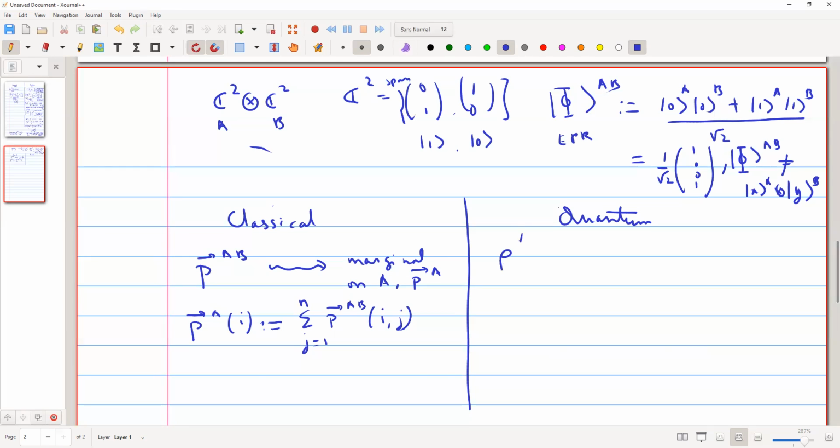So I have a density matrix rho AB, and I want to define the marginal on A, which again, I'll adopt similar notation and call rho A. So remember, rho A will be an m by m matrix. Yeah, just a second.